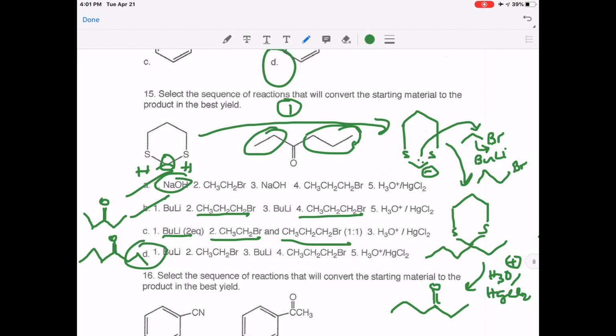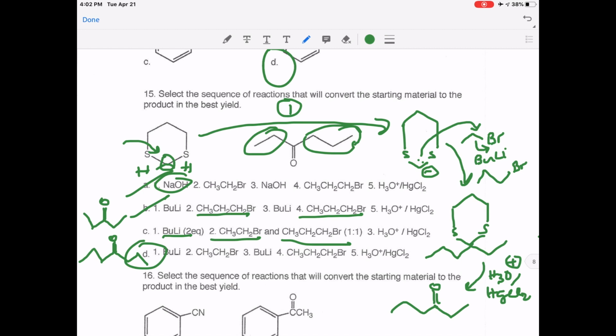Because if there are two possible lone pairs on this thioacetal, and there is both ethyl bromide and propyl bromide in the solution, then at any given instant, two molecules of the propyl bromide can be attacked by the lone pairs on the thioacetal, or two molecules of the ethyl bromide can be attacked by the lone pairs on the thioacetal. So this gives us a variety of products at the end, and so it wouldn't give us the best yield of our desired product.